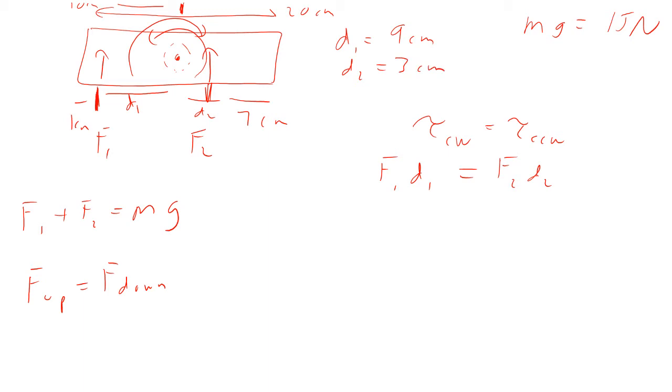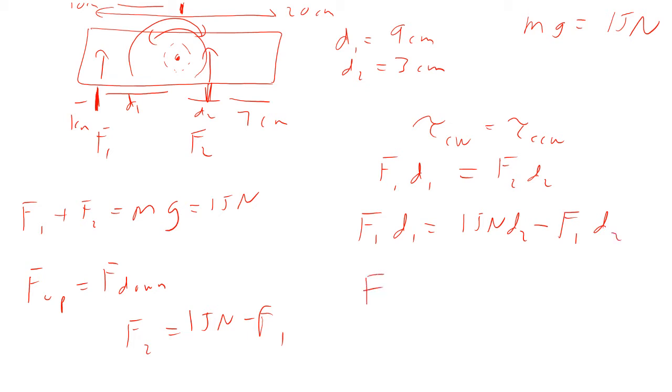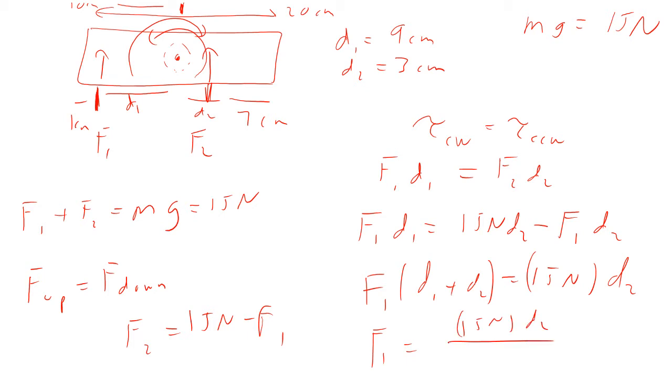Well, back over here, mg is 15 newtons, so F2 equals 15 newtons minus F1. So I plug that in over here: F1 D1 equals 15 newtons D2 minus F1 D2. So F1 times (D1 plus D2) equals 15 newtons, the mg, times D2.